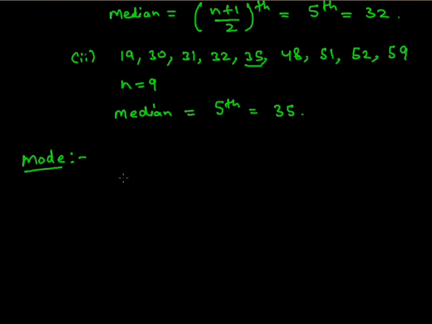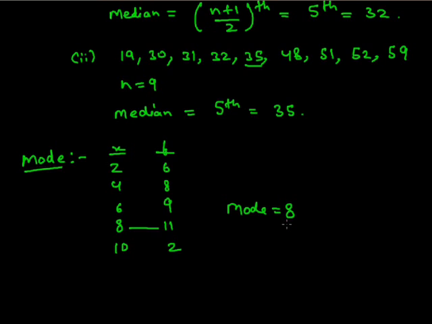If I take an example, observations as 2, 4, 6, 8, 10, and frequencies accordingly as, let's say, 6, 8, 9, 11, 2. As you can see, the highest frequency here is 11 and it is for the observation 8. So mode in this case will be the observation with the highest frequency, that is 8.